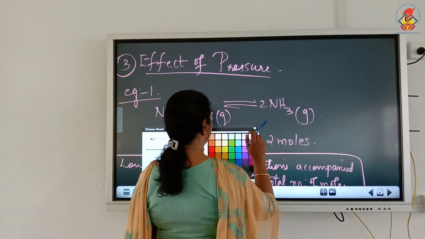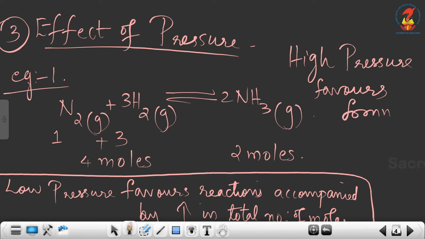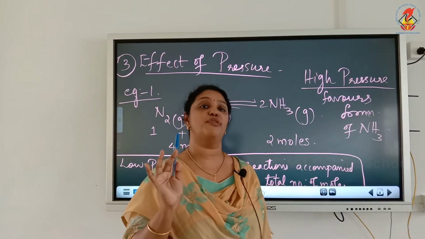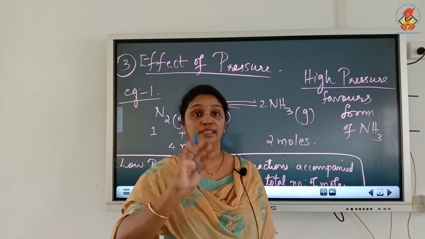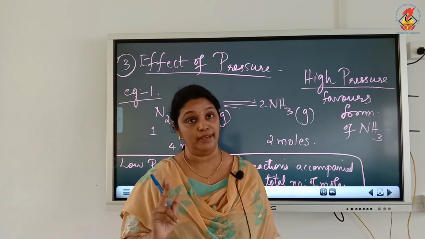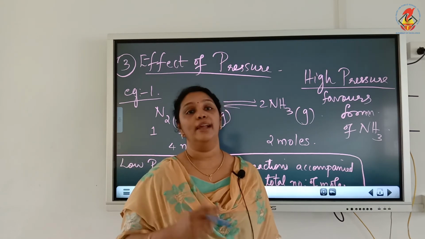That is, high pressure favors formation of ammonia. And when we discussed the temperature, we discussed that low temperature favors the formation of ammonia. Now, these are the 2 important conditions to get maximum yield of ammonia: low temperature and high pressure.